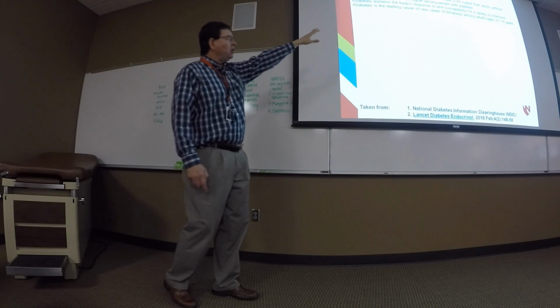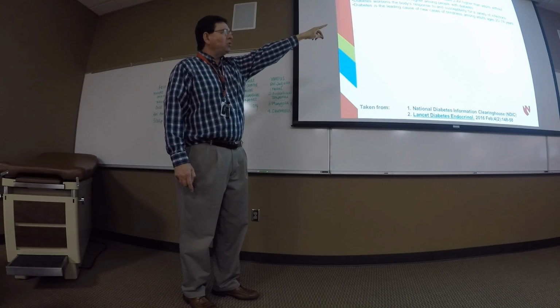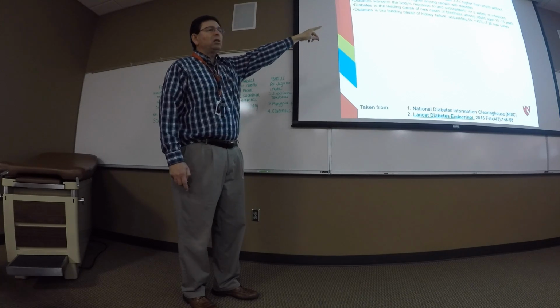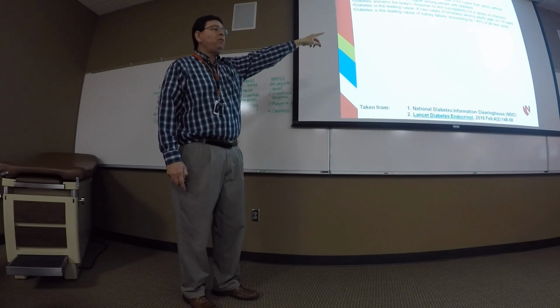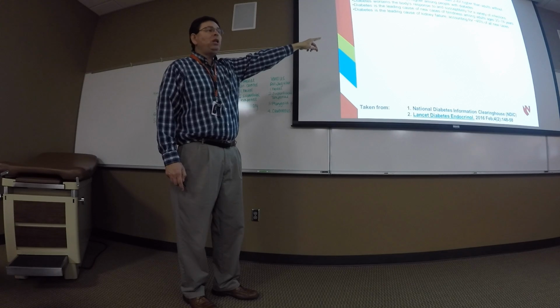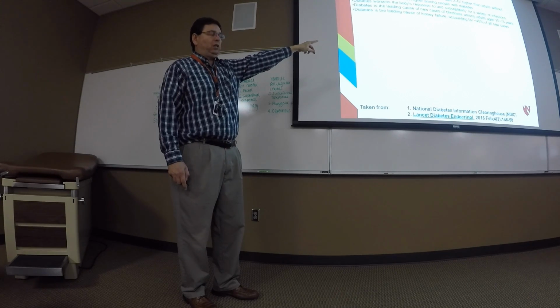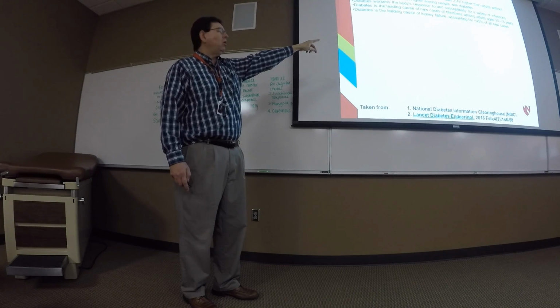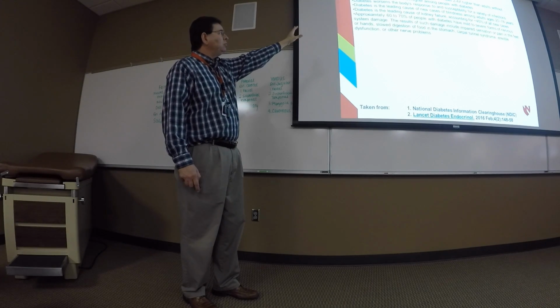It is the leading cause of new cases of blindness in adults in this country. Leading cause of kidney failure, and we've already seen how many jobs the kidneys do for us. You lose your kidneys, you lose blood pressure control, you lose all sorts of things.